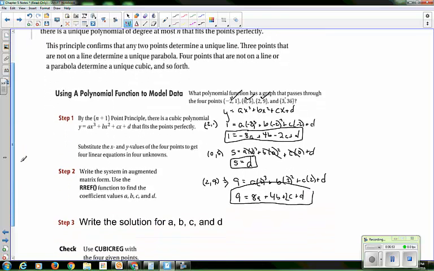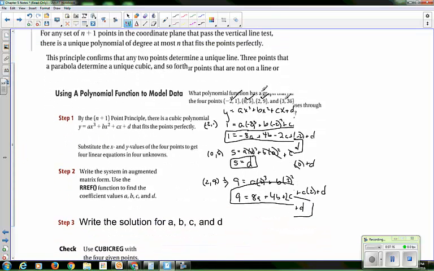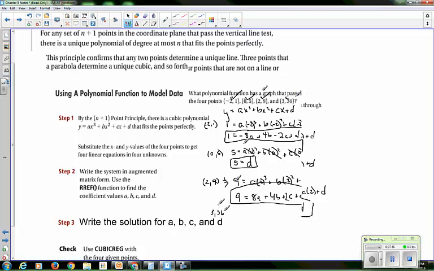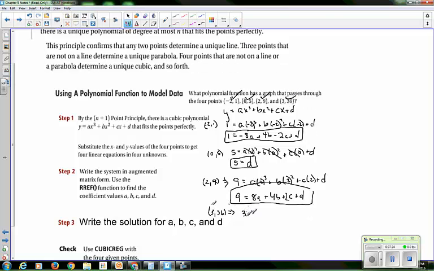Okay, we're still on step 1. One more: (3, 36). Everywhere there's a y, I'm going to get 36. Everywhere there's an x, I'm going to put a 3.